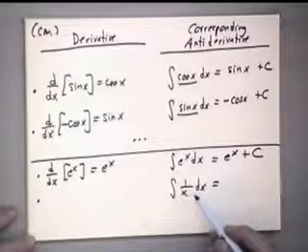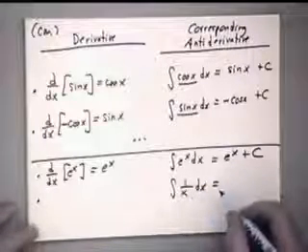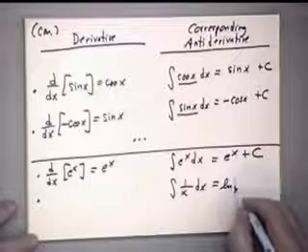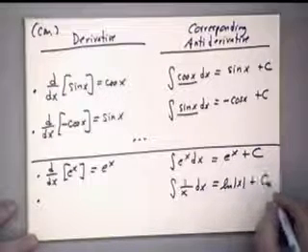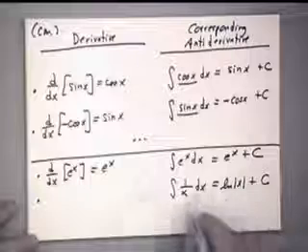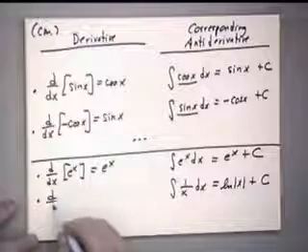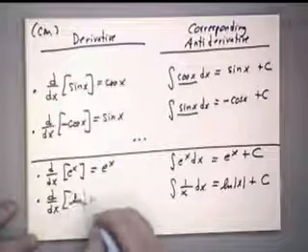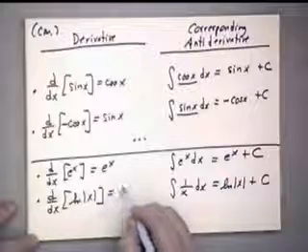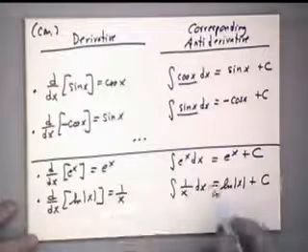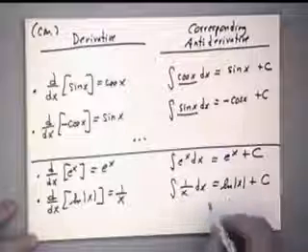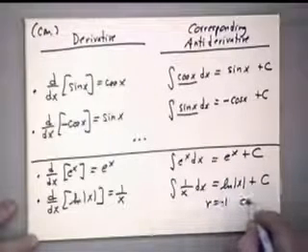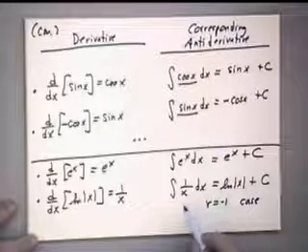However, 1 over x I recognize as the derivative of the log of the absolute value of x, and then with the plus c. And indeed, as I recall, the derivative of the natural log of absolute value of x, we worked that out to be 1 over x. So we now have a rule for the r equal minus 1 case, as well as all the other powers of x.